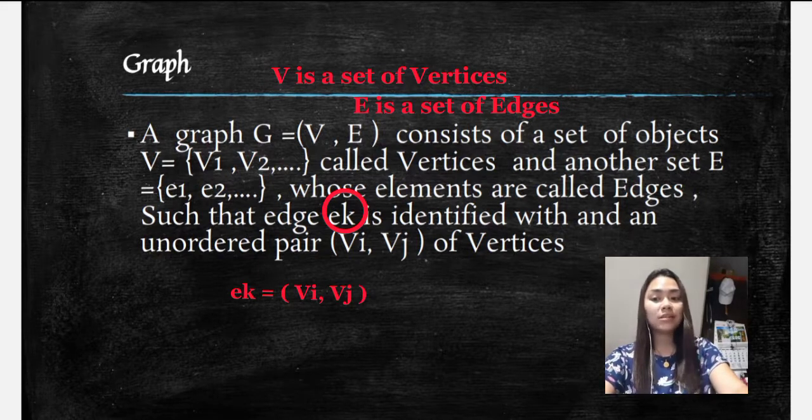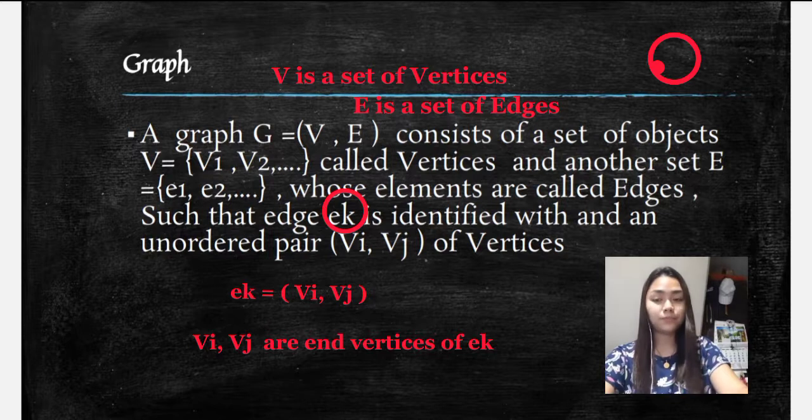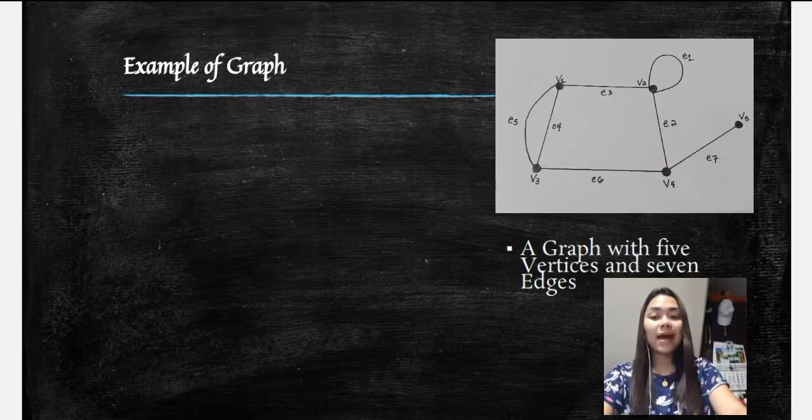The vertices vi and vj are represented by points, and each edge is represented by a line segment joining vertices, and we can draw the line segment as a straight line, a curved line, or in the form of a loop. A graph has two types of representation.